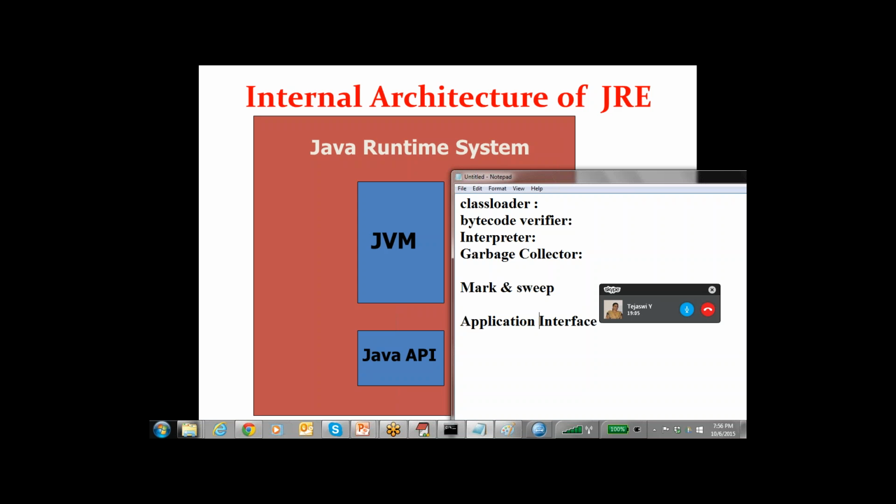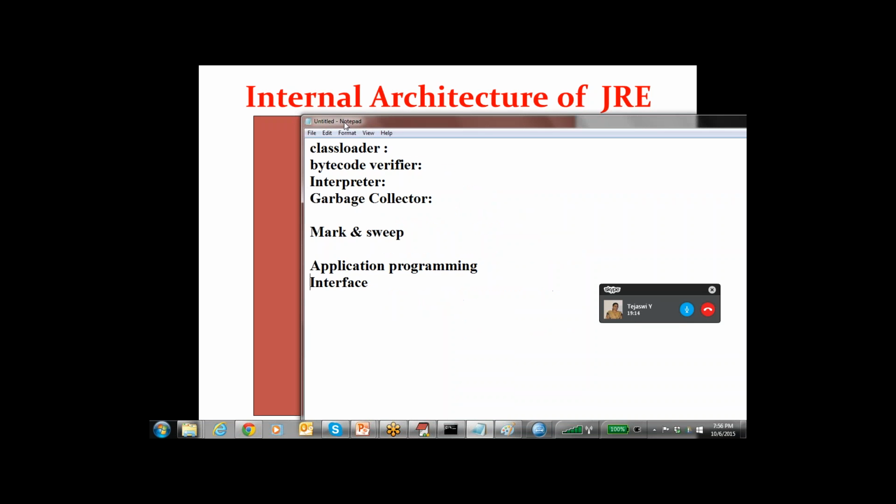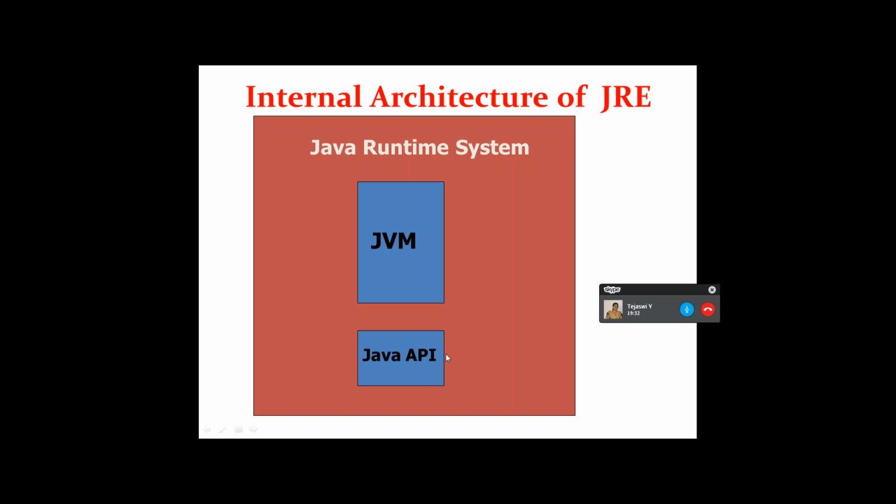If you want to program something, you need an interface. You are going to develop an application through programming, so you need an interface. That interface is available inside this.